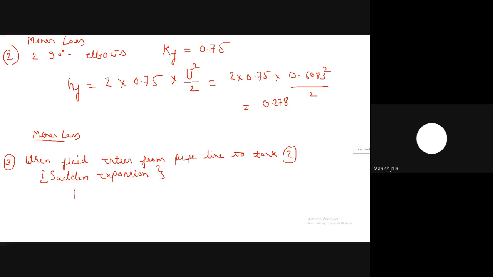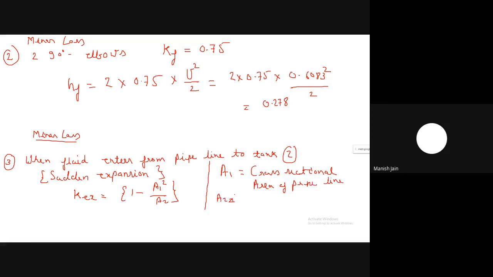Okay, so for sudden expansion, you have the formula Kex equal to, in bracket, 1 minus A1 square divided by A2 square, where A1 is the cross sectional area of the pipeline, and A2 is the cross sectional area of the tank.